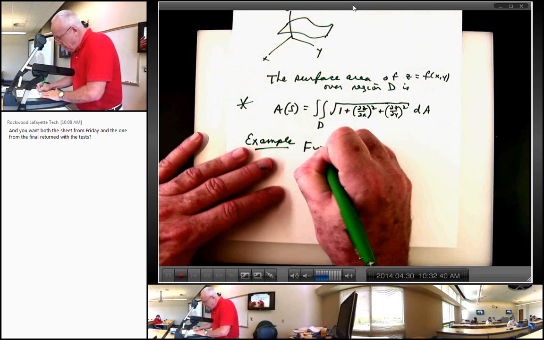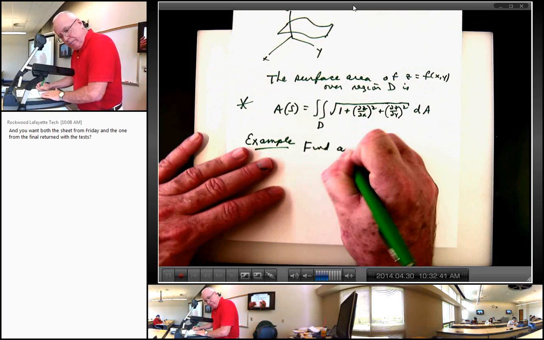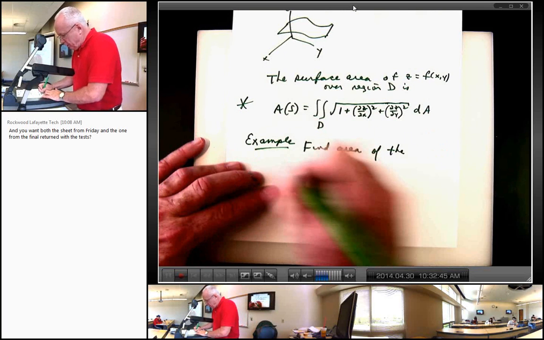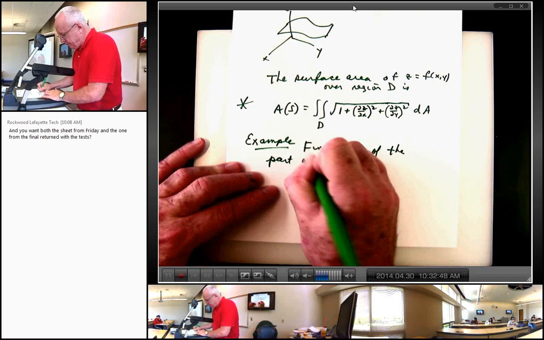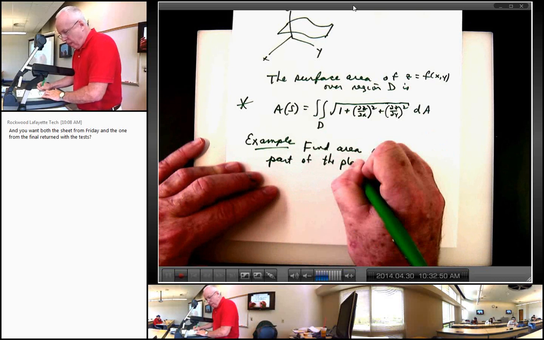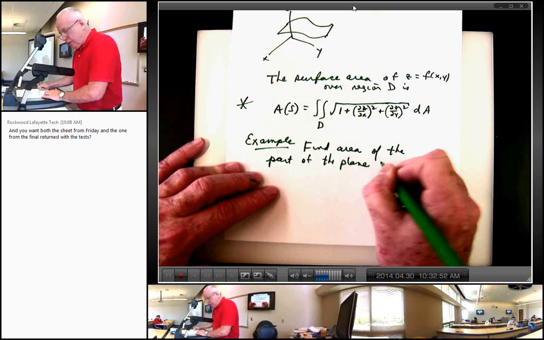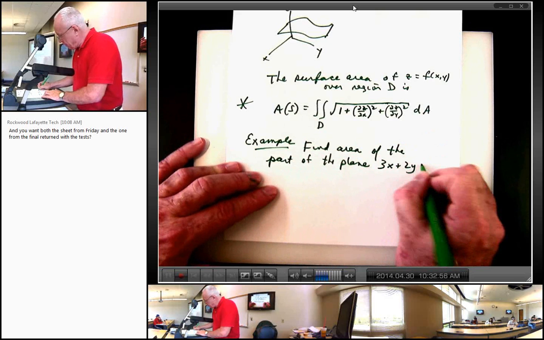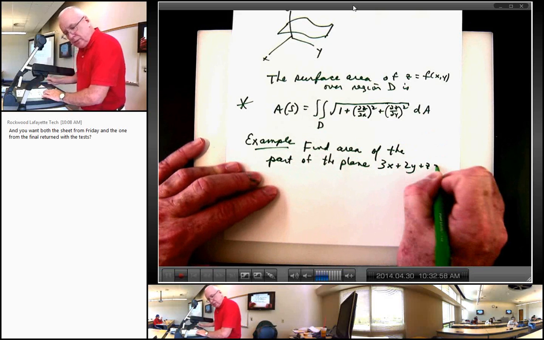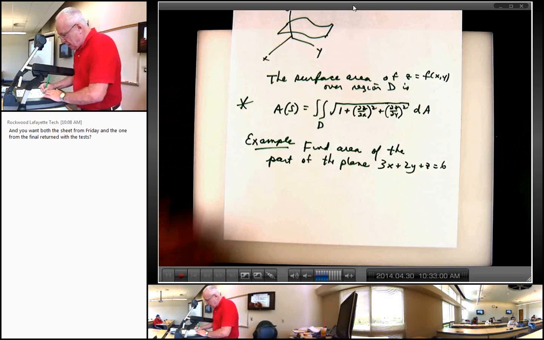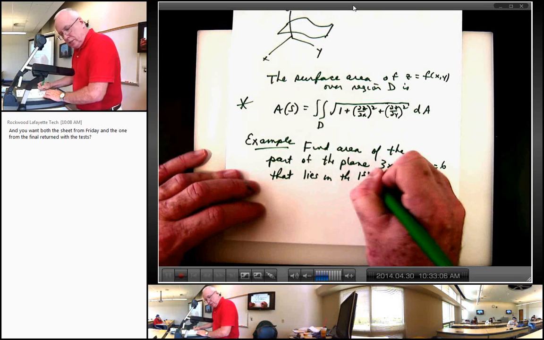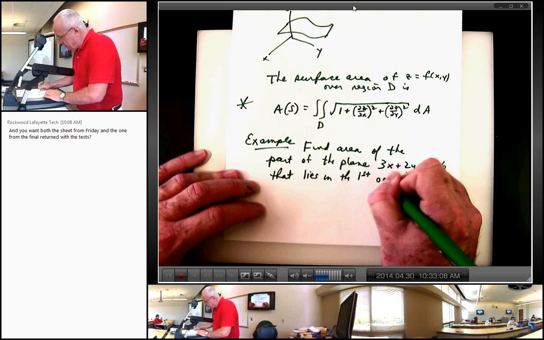Find the area of the part of the plane, and here's the equation of the plane, 3x plus 2y plus z equaling 6, that lies in the first octant.